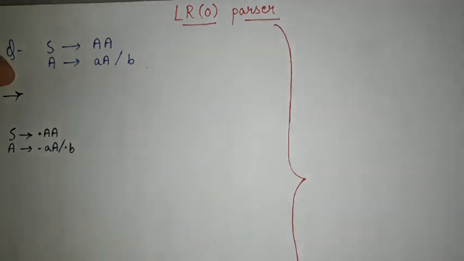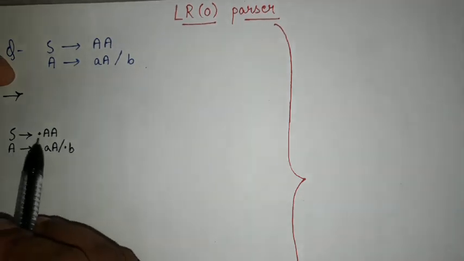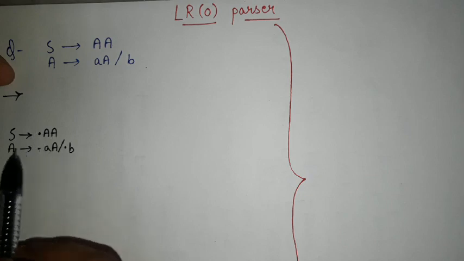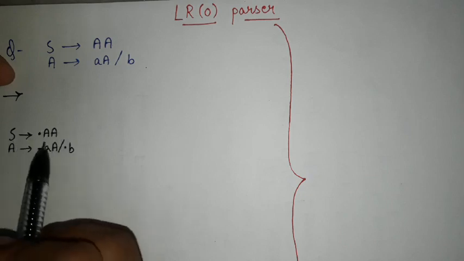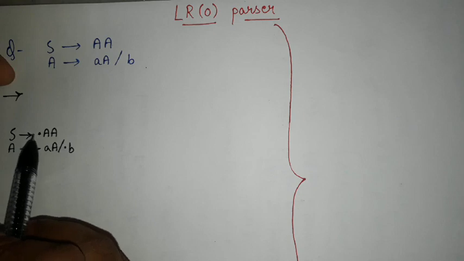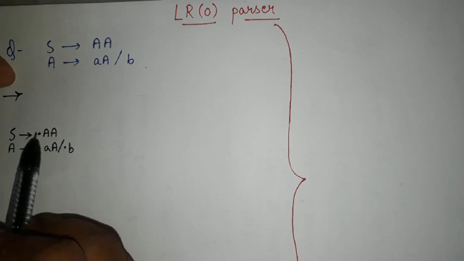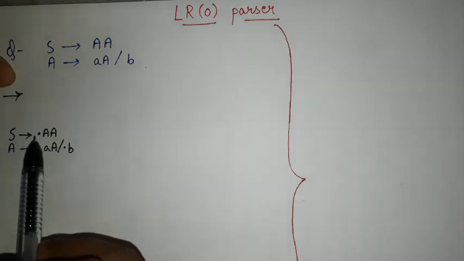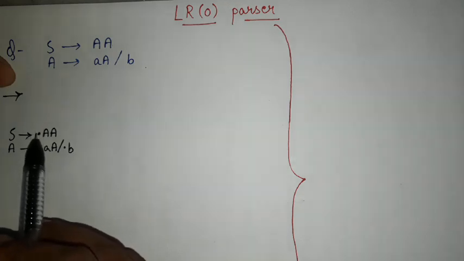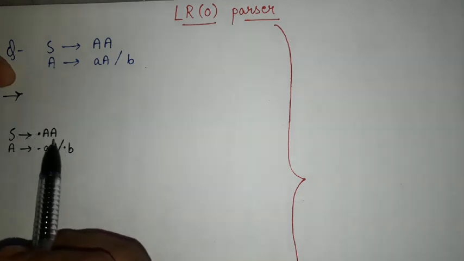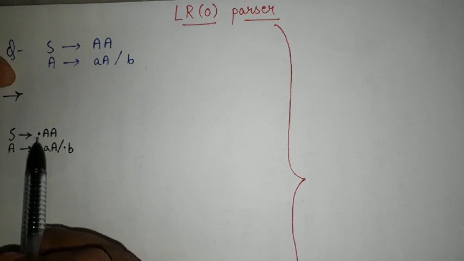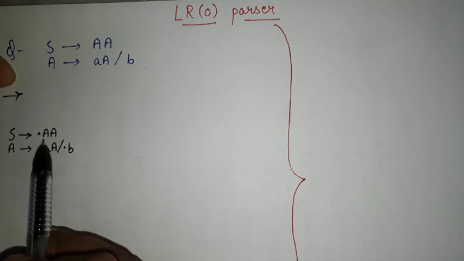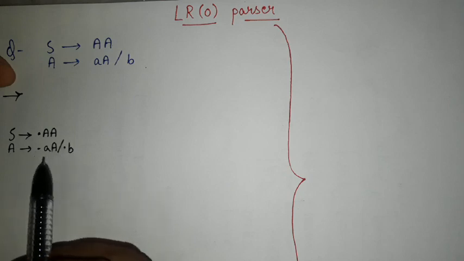Now why are we writing it like this? S gives dot AA. This notation is known as an LR0 item. Whenever we have the dot in the beginning, it is known as an LR0 item. Now what is the meaning of writing it like this? Whenever we write a dot in the RHS of the production, whatever is there after that dot is yet to be seen.